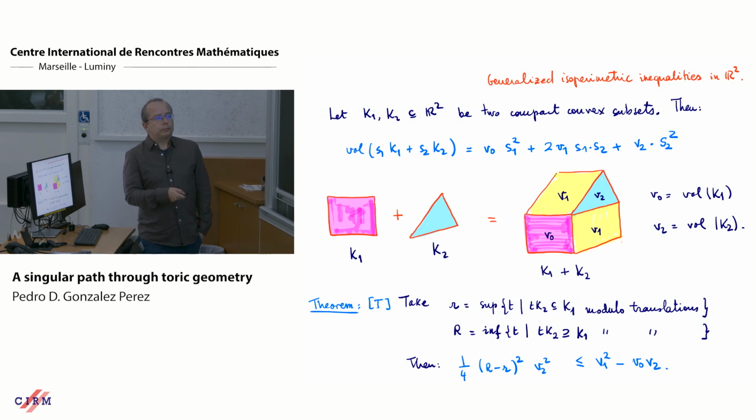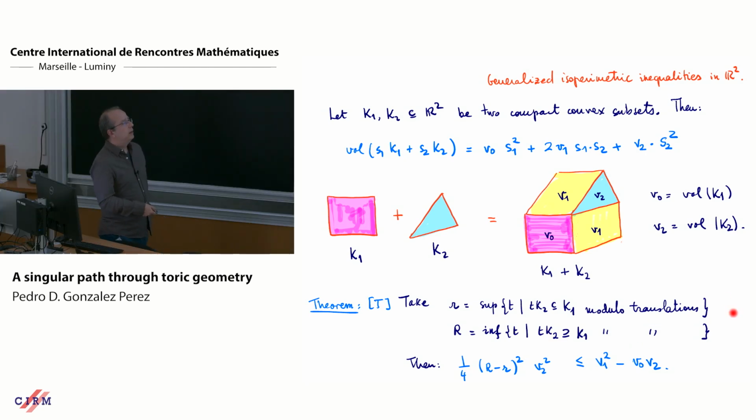And we have again an isoperimetric inequality given by this result: if we take the smaller given by the supremum of T which verifies this relation, and the bigger given by the supremum of T which verifies the opposite relation, then we have this inequality, which is a generalization of the previous one when one of the compact sets was a ball.